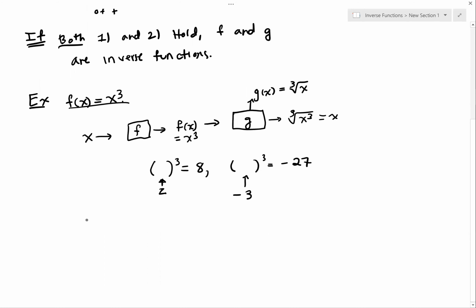So here, f of x is equal to x cubed. That's what f does to the input, cubes it. And g of x is equal to the cube root of x. These are inverse functions.